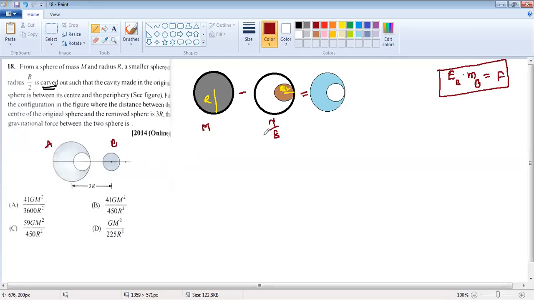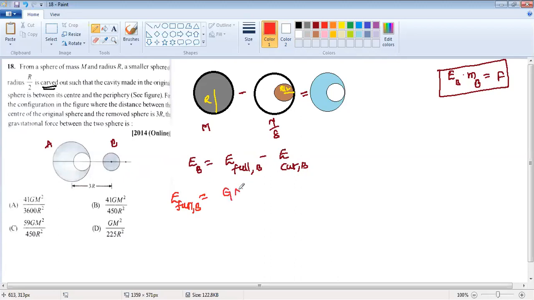Now we have to find the net field at B. The net field at B is equal to the field due to the full sphere at B minus the field due to the removed part at B. Full sphere at B means 3r distance, as we discussed earlier.